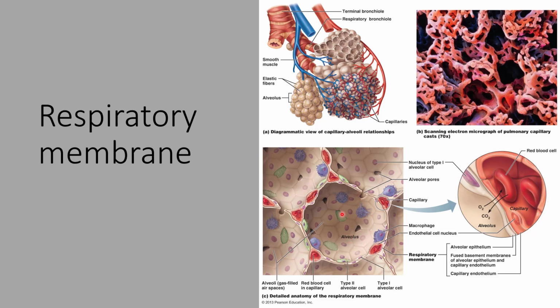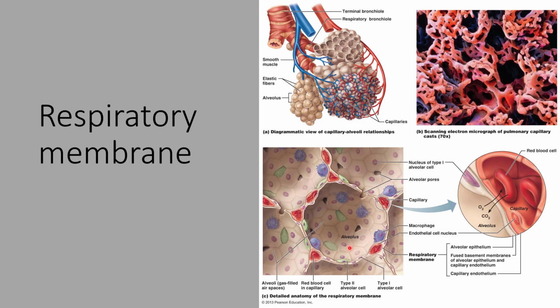But here and there, in this image, these green guys are called type 2 cells. Type 2 cells are simple cuboidal epithelium. Think back to what simple cuboidal epithelium did from Bio 137. It was involved in absorption and secretion. Here, secretion is the big job. Type 2 cells are going to secrete something called surfactant.